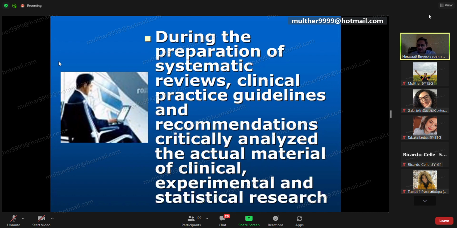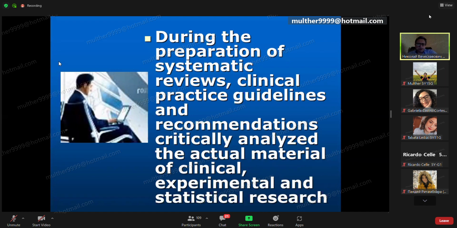During this practice, you will also analyze information from clinical, experimental, and even statistical reports for different problems. And you will present conclusions from this critical analysis.